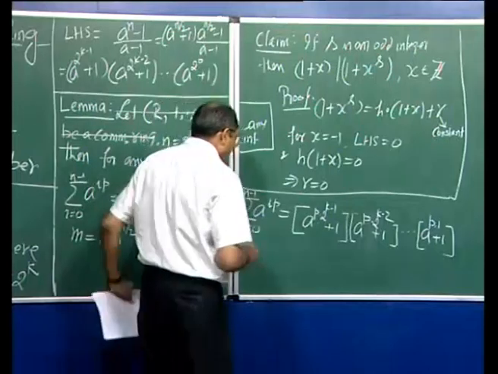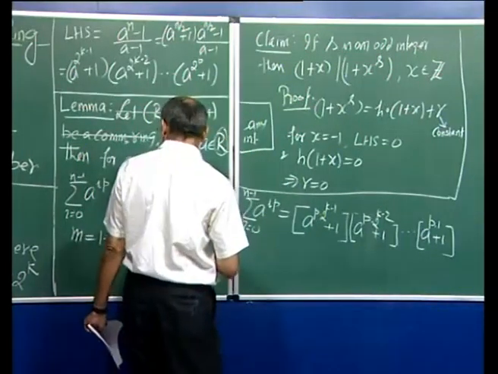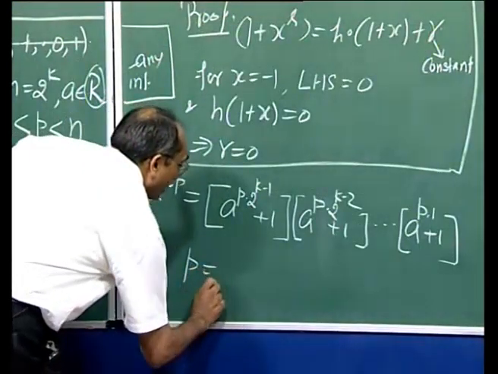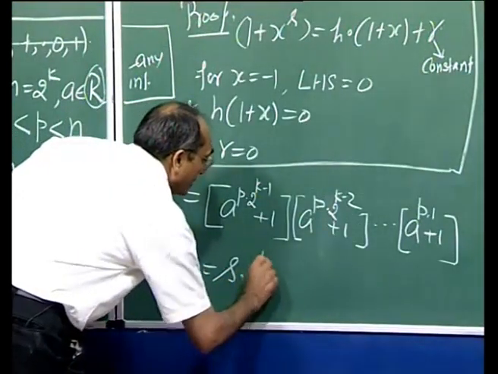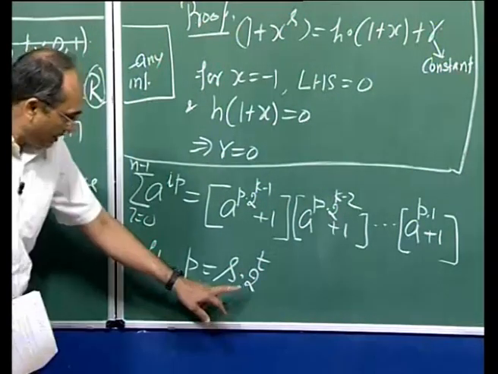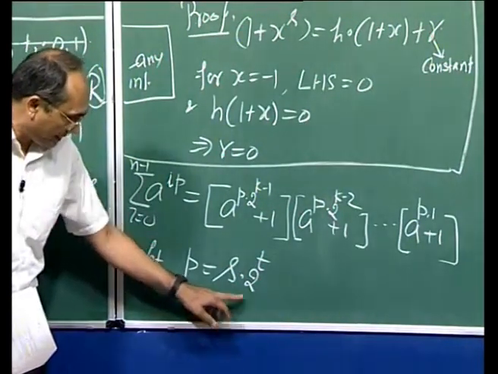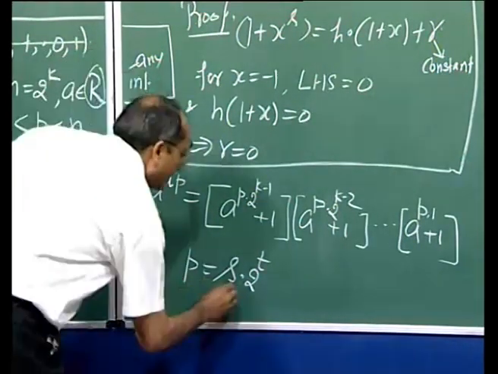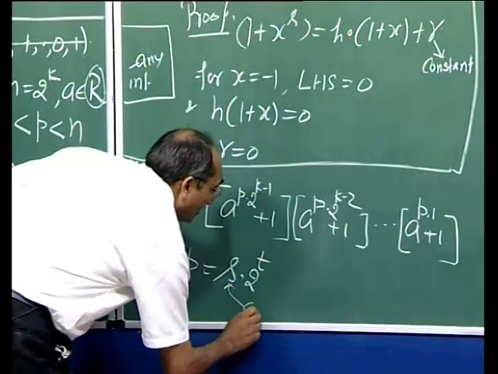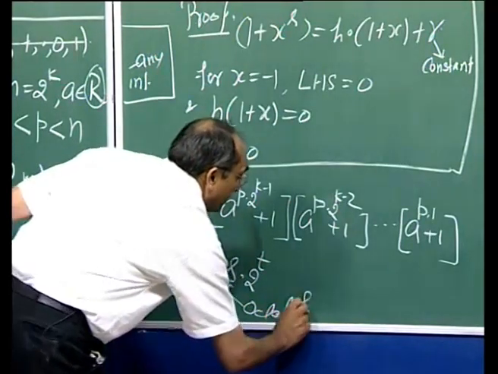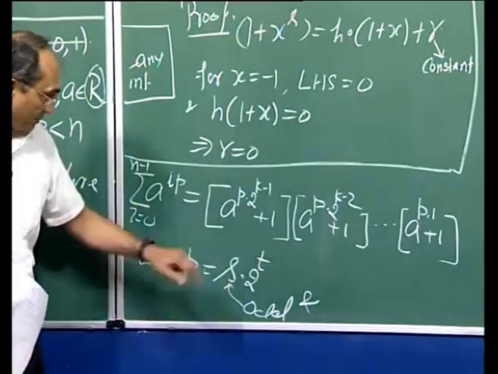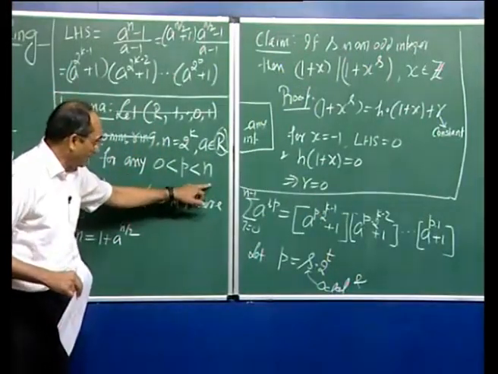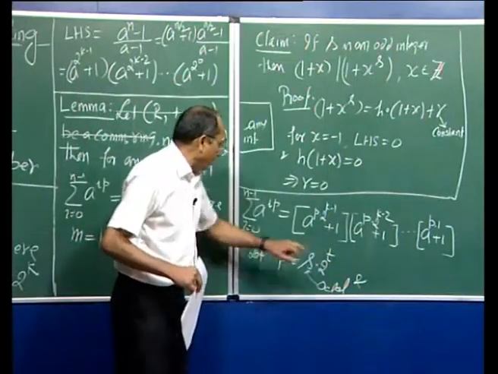Now, let p be s times 2^t. I can take all the 2 factors out of p, so s will be an odd number. Notice our p is given to be strictly less than n, so t cannot be equal to k.